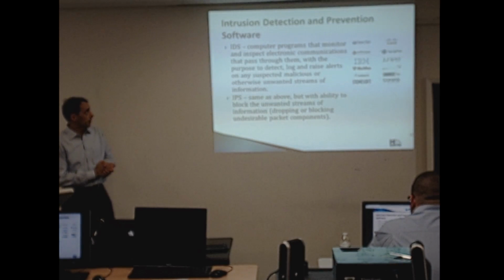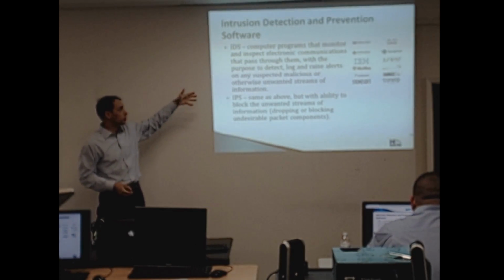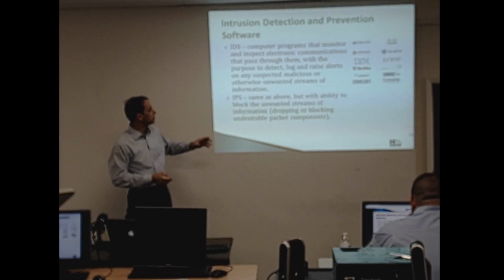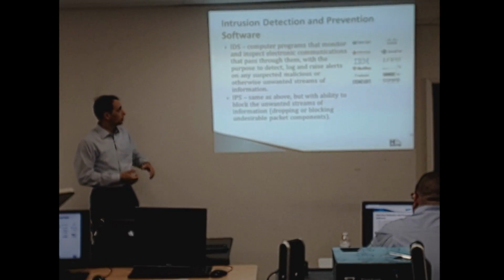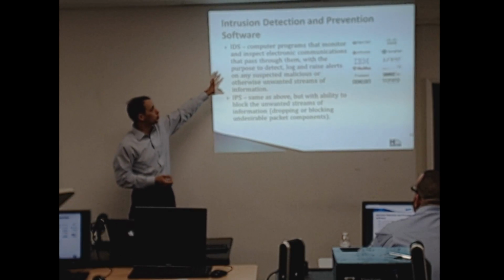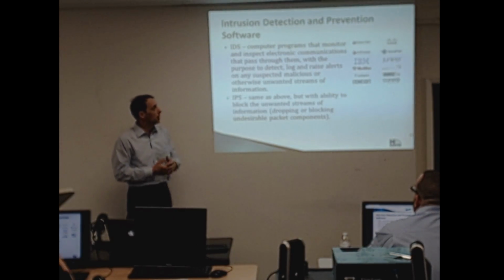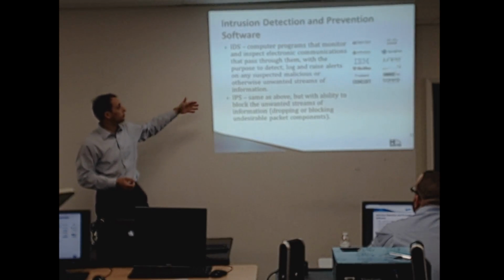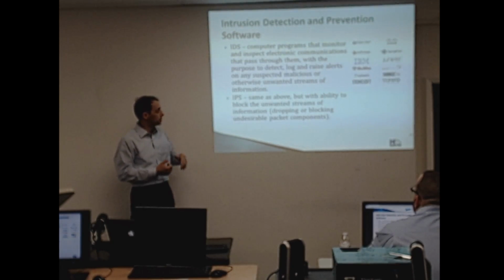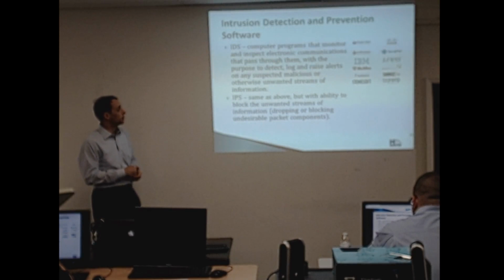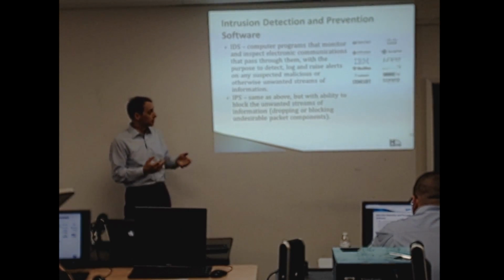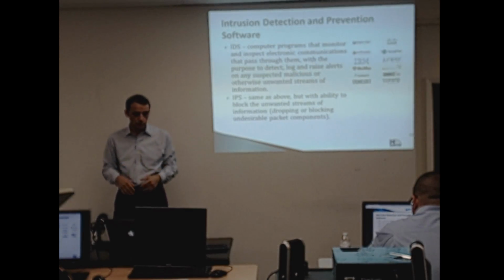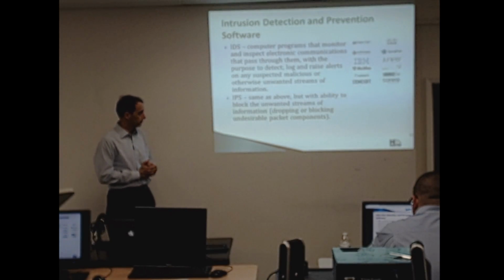Intrusion detection and prevention software. So there are 2 major groups, the detection part and detection and prevention. So you can configure it just to issue alerts when certain abnormal activity is identified, or you can configure the software to neutralize this activity by, for example, blocking certain IP addresses, or blocking certain ports, blocking certain protocols.